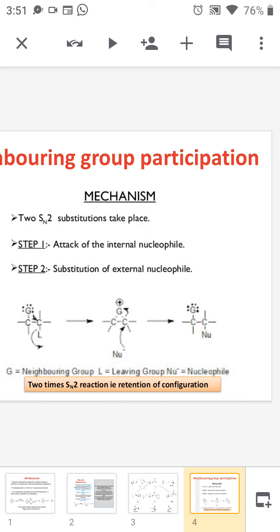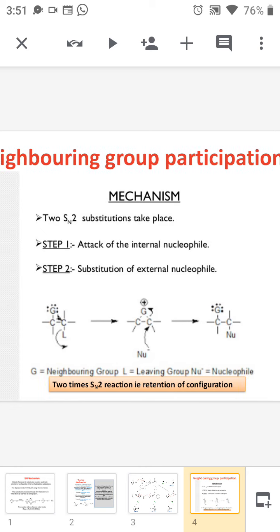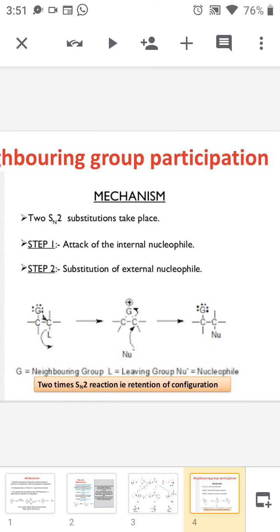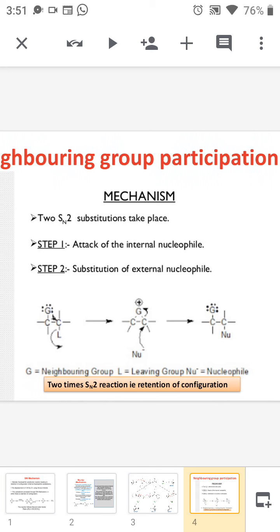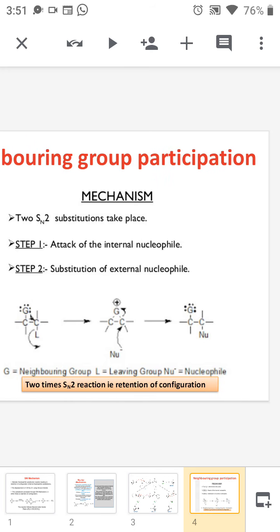So that is the first SN2 reaction. In the second step, the nucleophile approaches the carbon atom just opposite to the donation, or retention, of the electron pair to G. So that is the second SN2. So the two SN2 reactions will happen in neighboring group participation. That's why the configuration of the final product is retained.